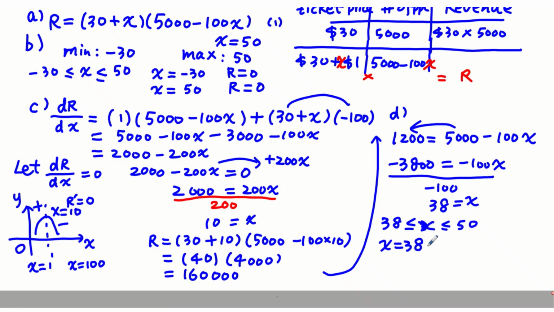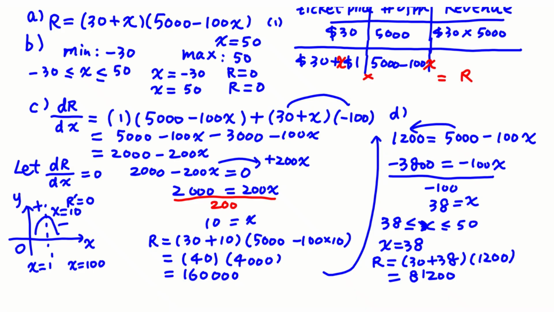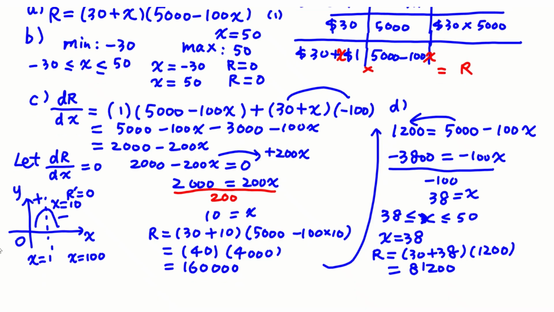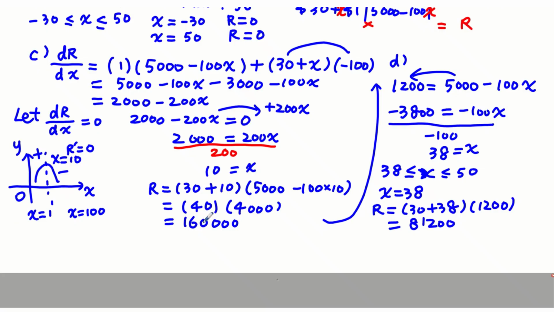Then to find the revenue, we are going to have 30 plus 38, then 38 sub in is 1,200. So you will have $81,200. And this compared to the maximum revenue, you will see the maximum revenue is still as before.